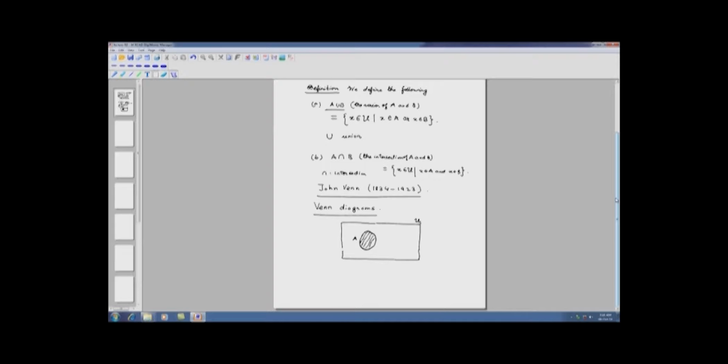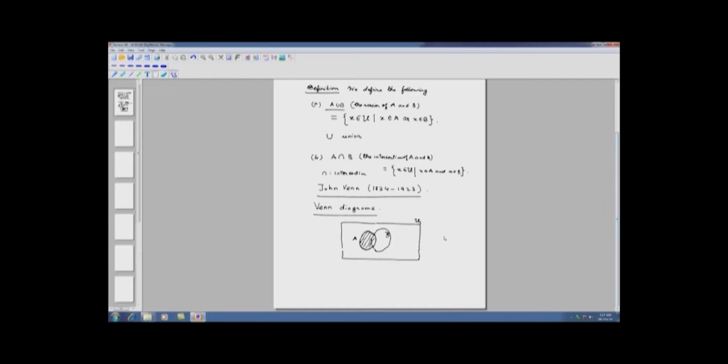Now, suppose we take another set B. In general, it will have some common area shared with the circle corresponding to A. Let us call it B. Let us go to the next page and draw this situation one more time.